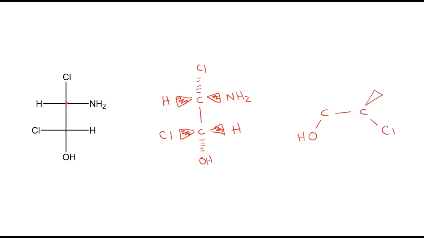Now the amino group is on the same side of the molecule as the hydrogen on the other carbon. This makes chlorine and hydrogen on the same side of the molecule as well.